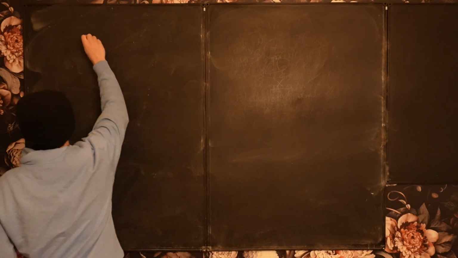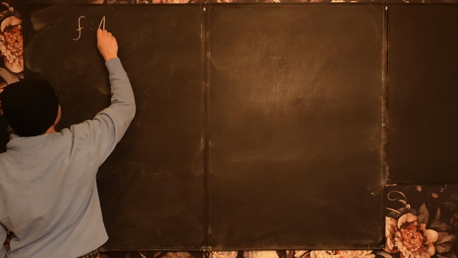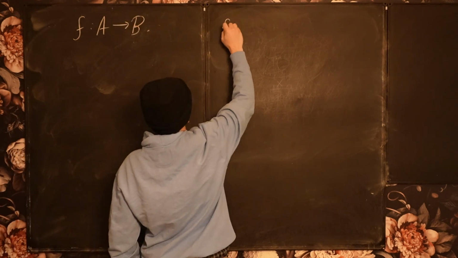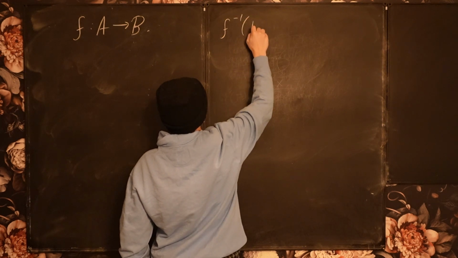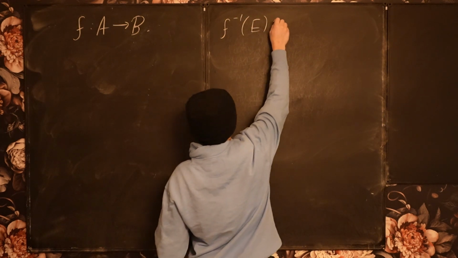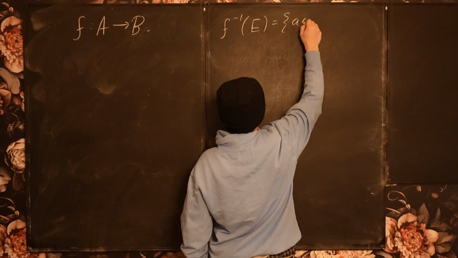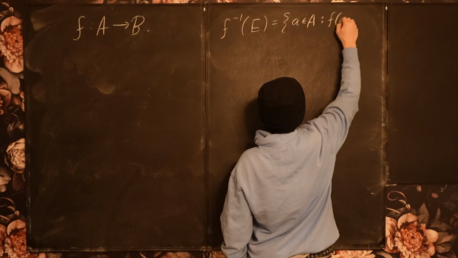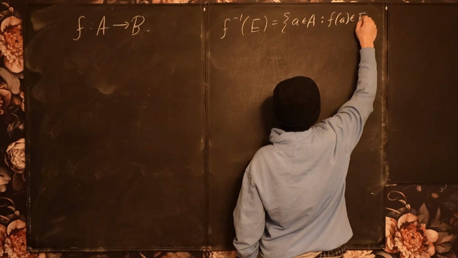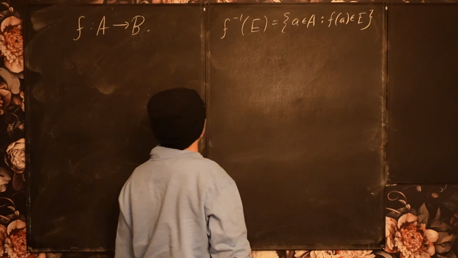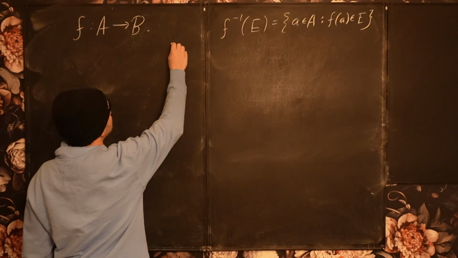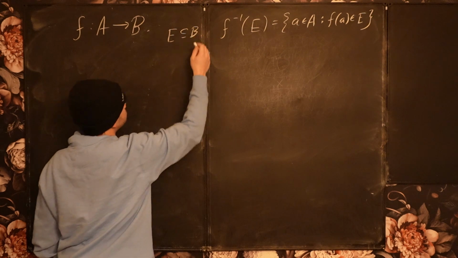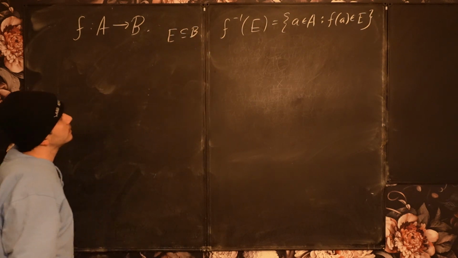Okay, so we have F is a function from A to B, and we have that F inverse of E is the set of a within A such that F of a is in E, where E is a subset of B, okay?